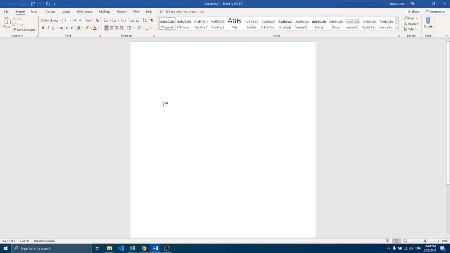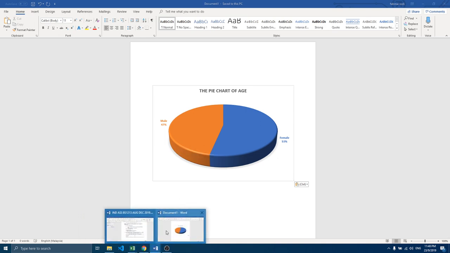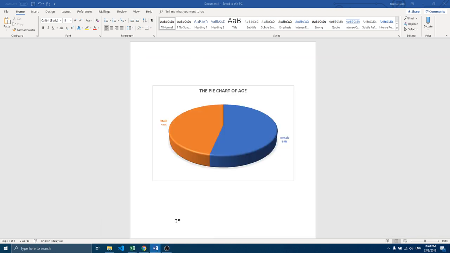Okay, Control V. So Control copy and Control paste to your Microsoft Word. So this is your part 2.